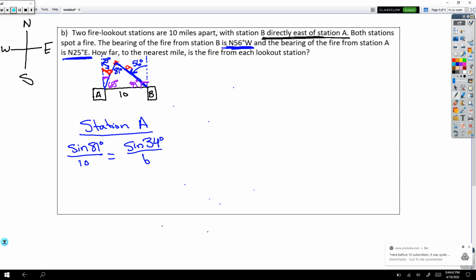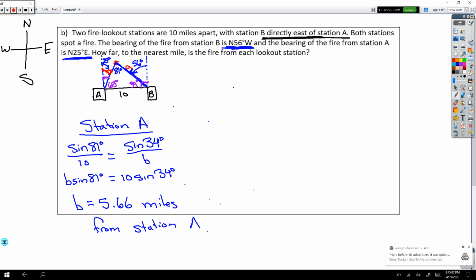Cross multiplying, I would have B sine of 81 degrees equals 10 sine of 34 degrees. Dividing, we get B equals 5.66 miles from station A to the fire.